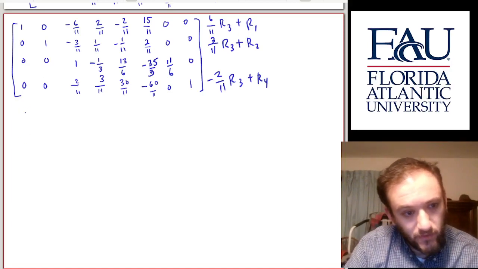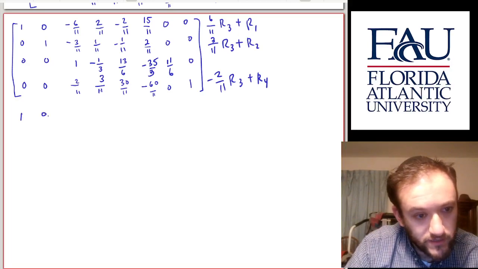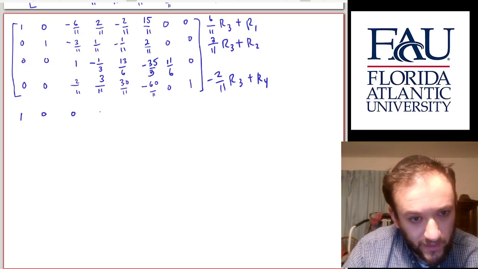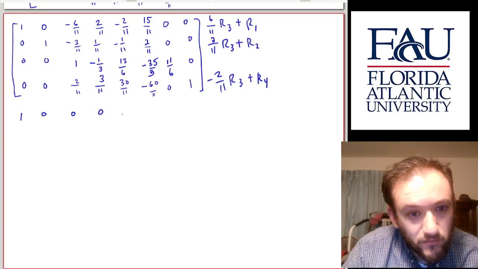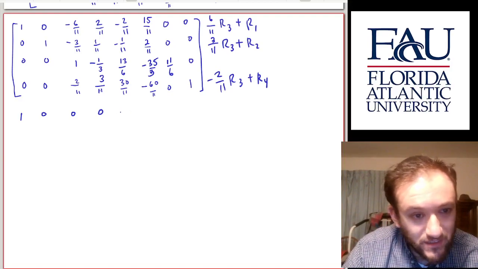Okay, and what we get is 1, 0, 0. Then 6 over 11 times minus a third is minus 2 over 11, which cancels with this perfectly. Then we get 13 over 11 minus 2 over 11 is 11 over 11, or 1.